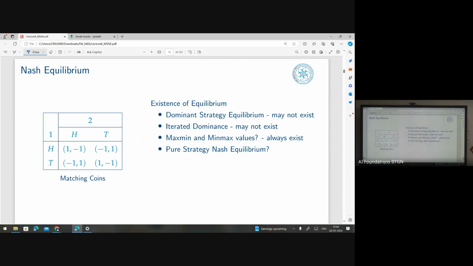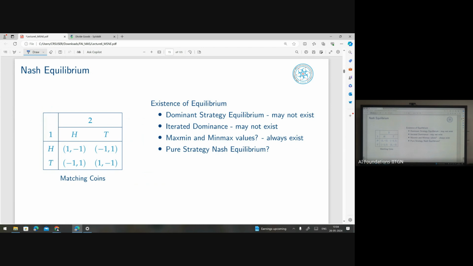Whenever player 1 plays H, player 2 will play T. And now if player 2 plays T, player 1 will play T. If player 1 plays T, player 2 will shift to H. So there is no way that both of these players converge to one strategy profile from which neither of them wants to deviate. So there is no pure strategy Nash equilibrium in this particular game of matching coins. So now what will you do? If I tell you you have to play this game, what is it that you will do?